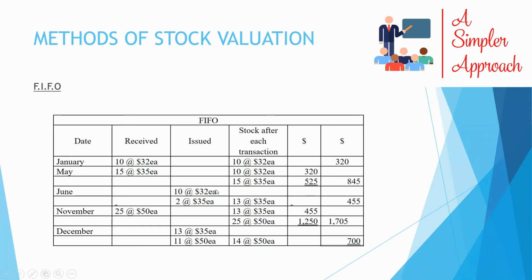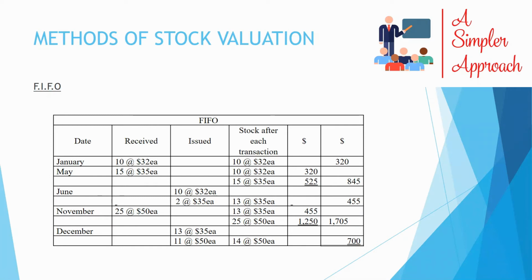That means all of January is gone. Cool? That leaves 2. Then we're going to give them 2 out of the 15 that was bought in May, which leaves 13. 13 at 35. 13 multiplied by 35 gives me 455. Okay? Awesome.